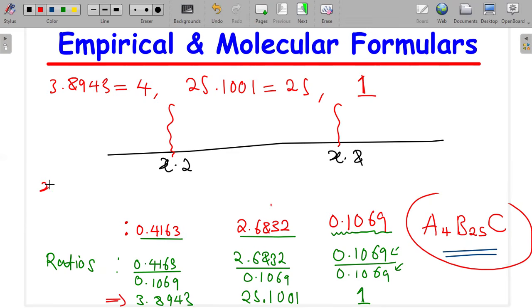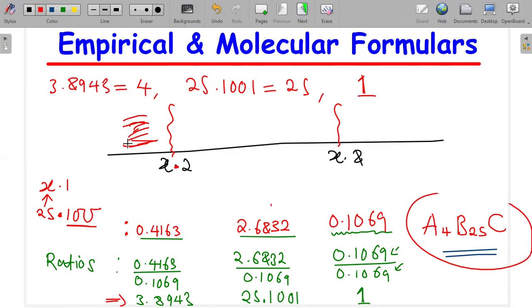For example, if I have x point 1, this x can represent any number. In this case, the x will be 25.100. The number that comes after the point, 0.100, is less than 0.2, so it's somewhere here. If it's somewhere there, then you're allowed to round off.